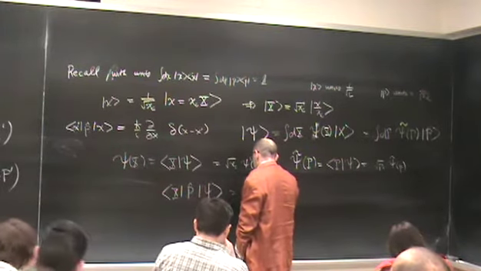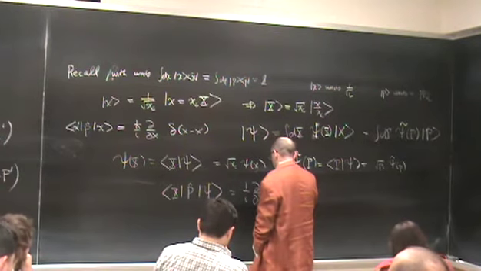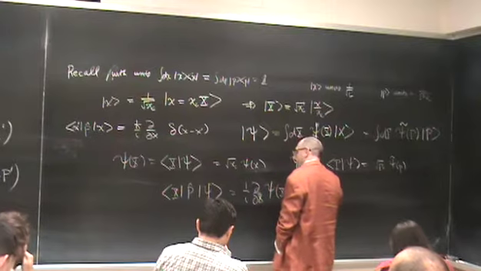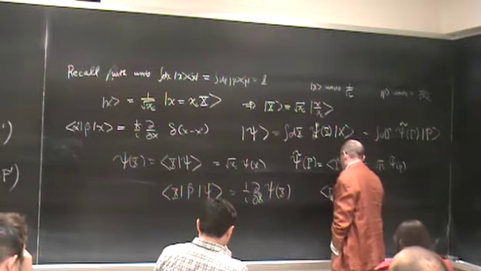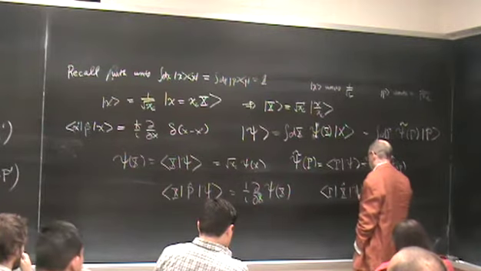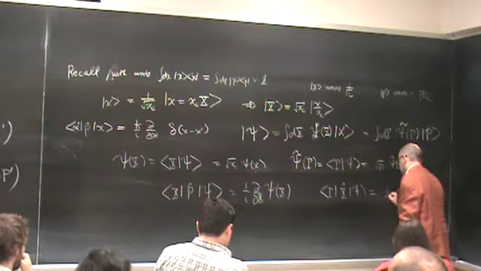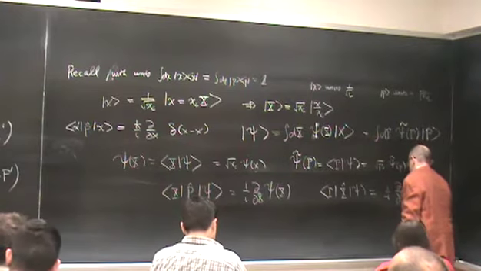We get the derivative with respect to x. That's the momentum operator, a derivative operator acting on the wave function, or in momentum space, the x operator acting on the state looks like a derivative with respect to p, to the other side.